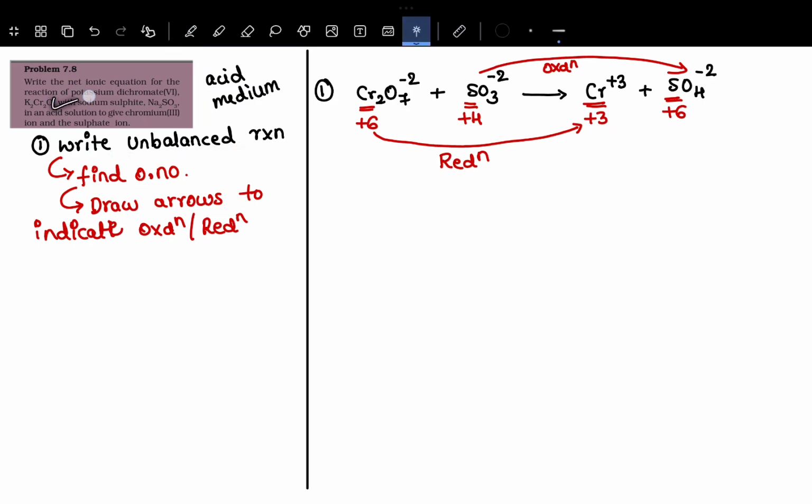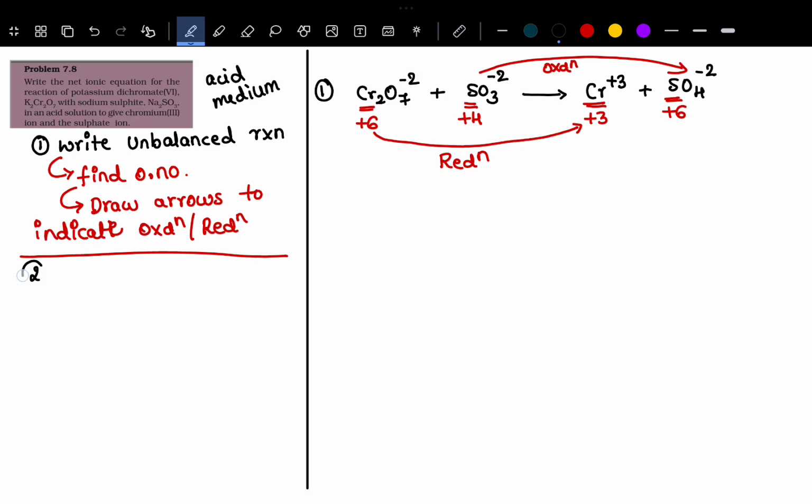Sometimes they may give a question like this, or they may simply give the unbalanced reaction as it is. Then find oxidation numbers, then draw arrows to show where oxidation is taking place and where reduction is taking place. Arrows should go from left to right.